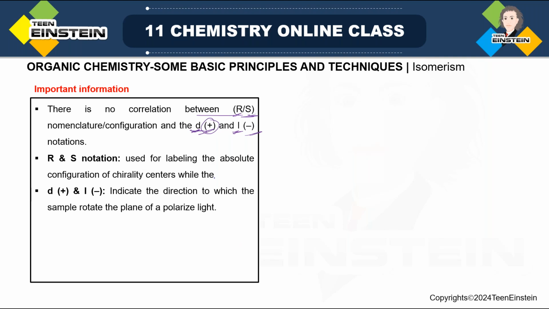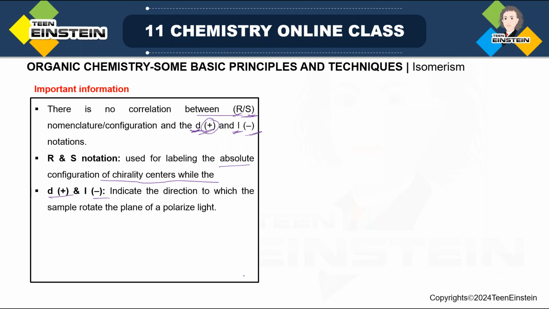RS notation is basically used for labeling the absolute configuration of a chirality center, while these d plus and l minus indicate the direction in which the sample is rotating the plane of polarized light. So when plus or negative is mentioned before the name, from this information you can understand whether the compound is rotating the plane polarized light clockwise or anti-clockwise.